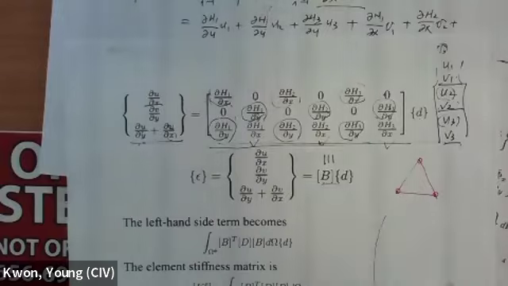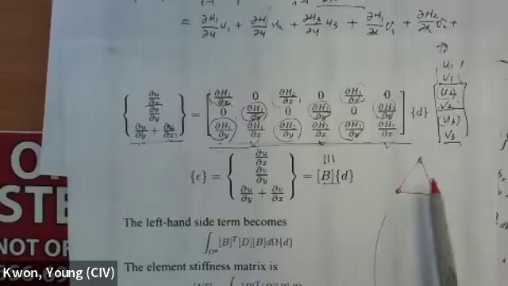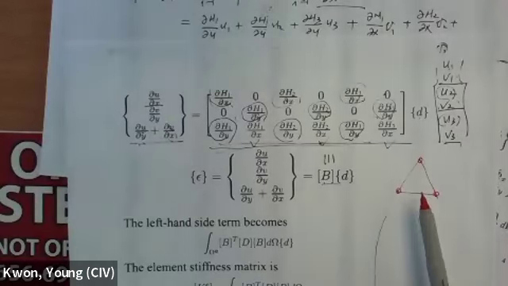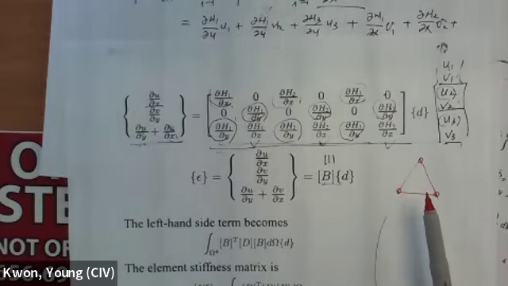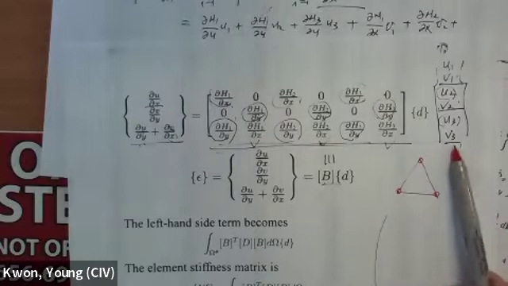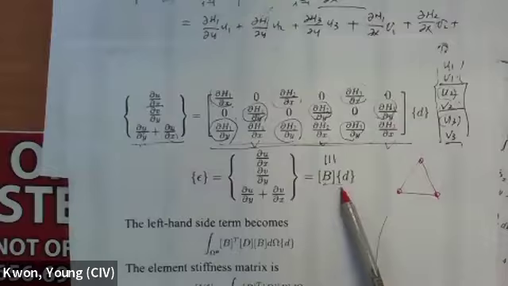Each node has how many displacements? 2, U and V, and there are 3 nodes. That means each element has 6 degrees of freedom: UV, UV, UV, nodes 1 to 3. So 6 degrees of freedom. So that means column vector D is 6 by 1.